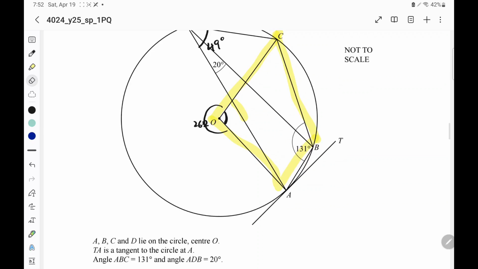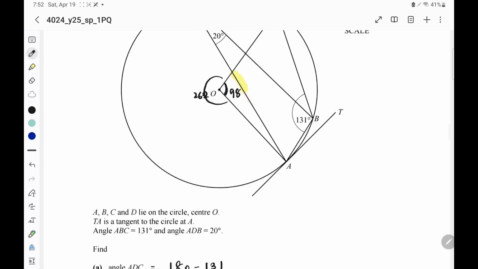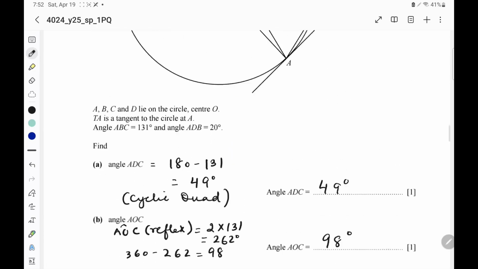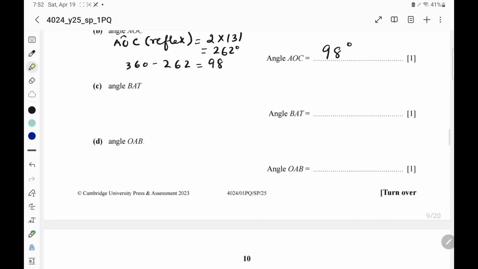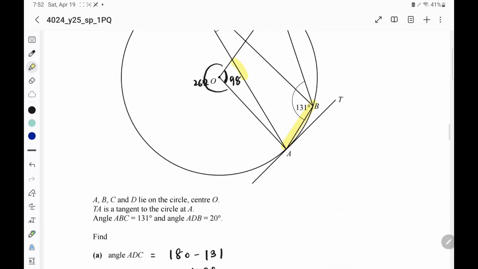Alright, so the next part, BAT, is required in this question. I'm just writing it down, maybe sometimes it will be helpful for us. So B to A to T. What is BAT?